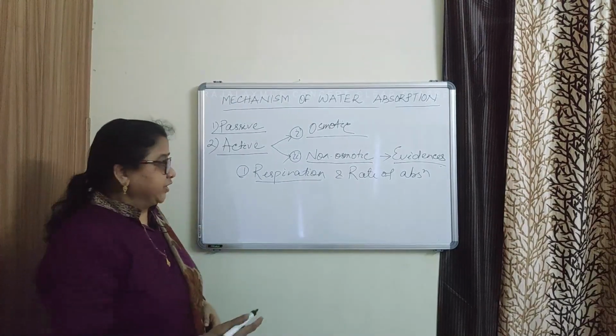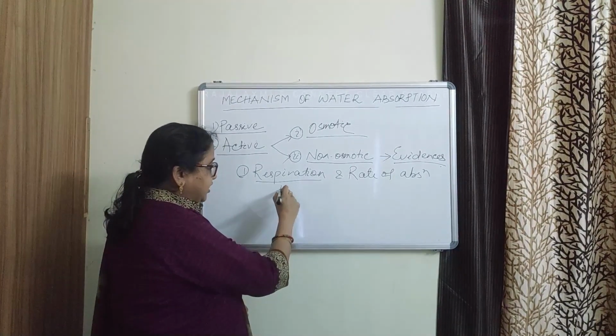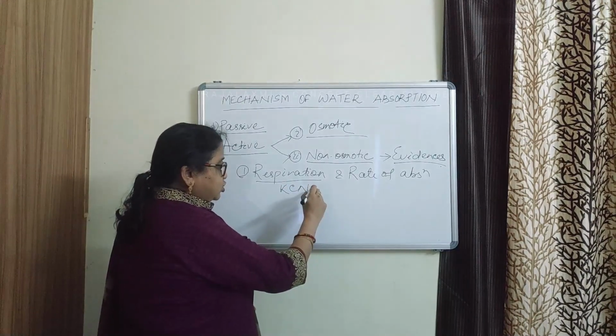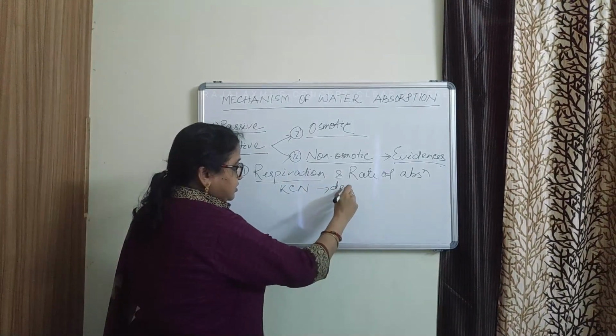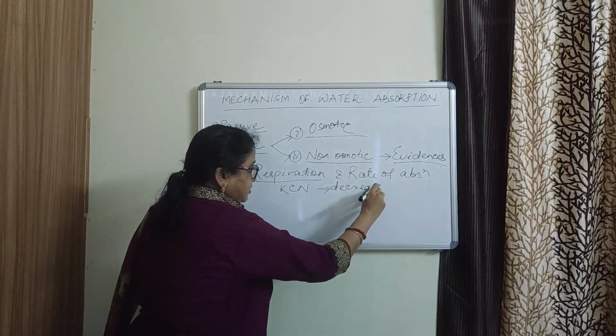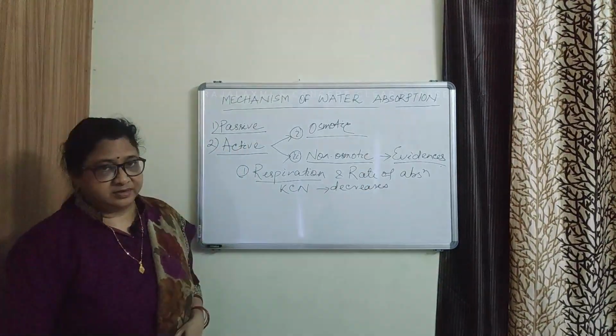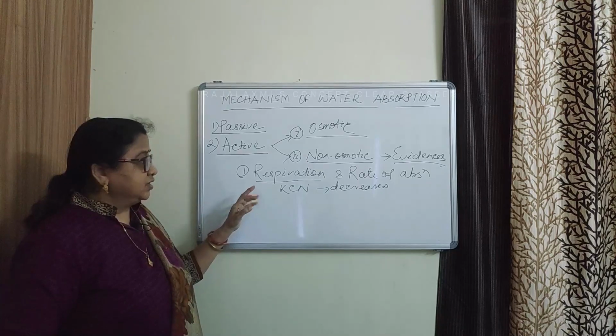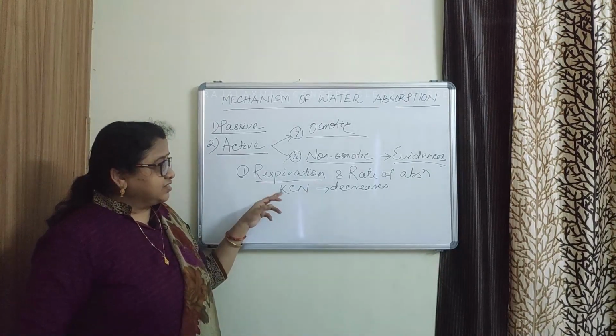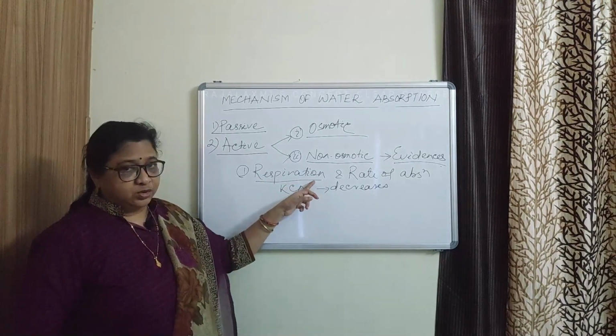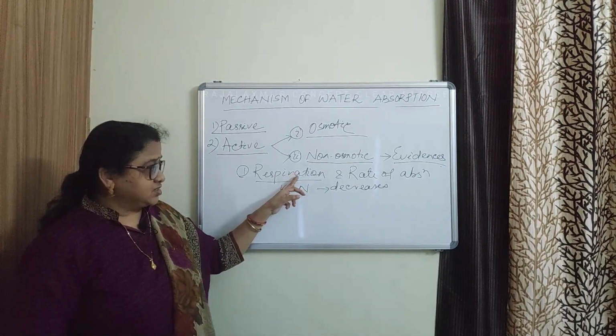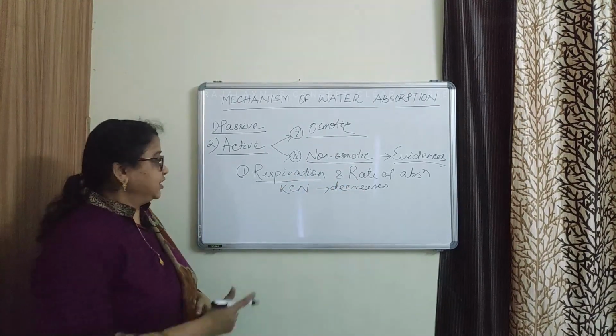For example, the application of potassium cyanide also decreases the rate of absorption. This is the first evidence. So we see that there is a relation between respiration, which is an energy producing process, and the rate of absorption.